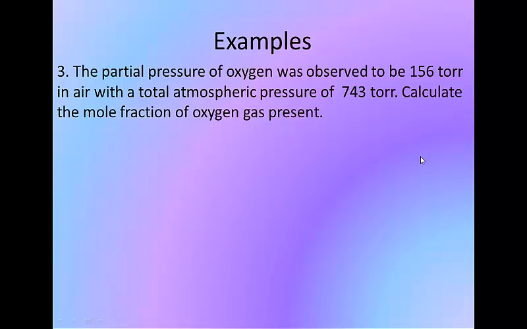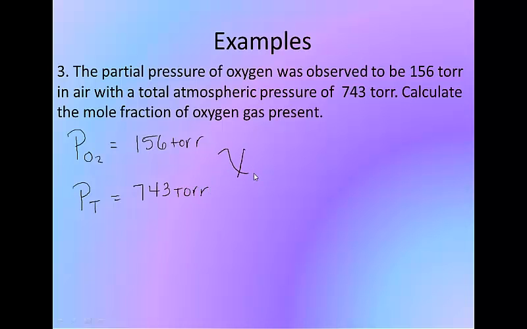Example number 3. Partial pressure of oxygen was observed to be 156 torr in air with a total atmospheric pressure of 743. All right, so here's what it gives me. Partial pressure of oxygen gas is 156 torr, and the total is given as 743 torr. Well, this one's simple.